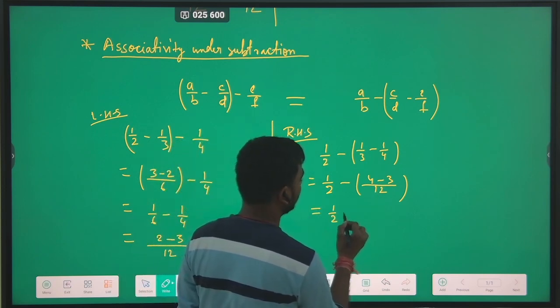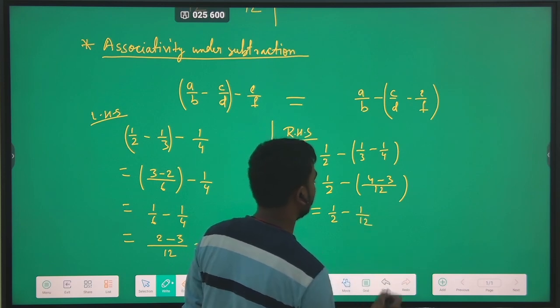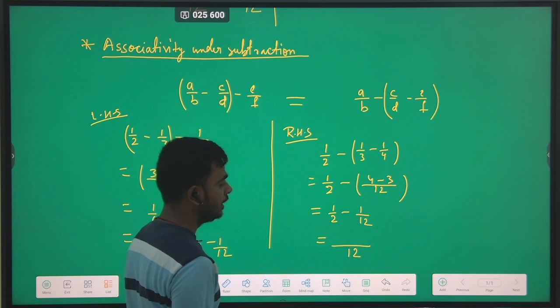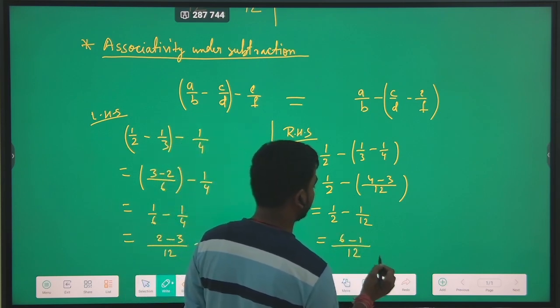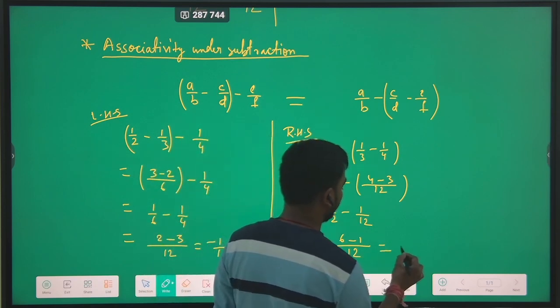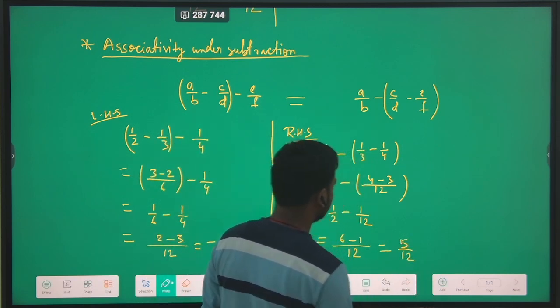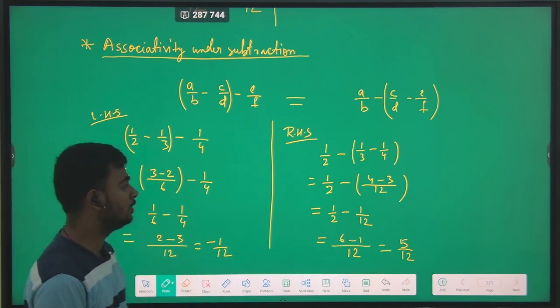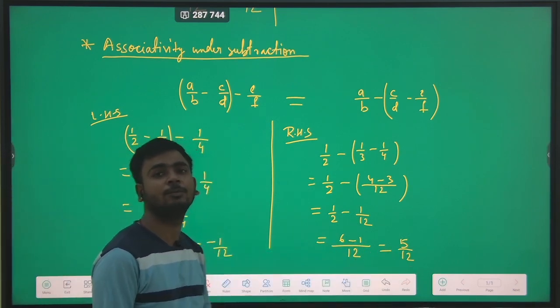So, we will get 1 by 2 minus 1 upon 12. With LCM of 2 and 12 as 12, it will be 6 minus 1 in the numerator, so we get 5 upon 12. So our LHS is minus 1 upon 12 and our RHS is 5 upon 12.